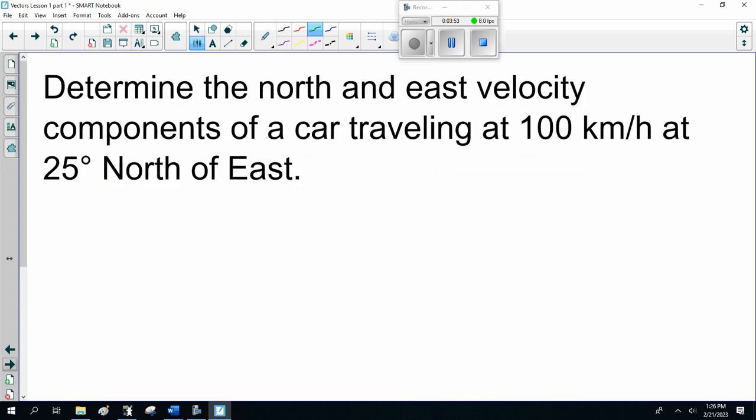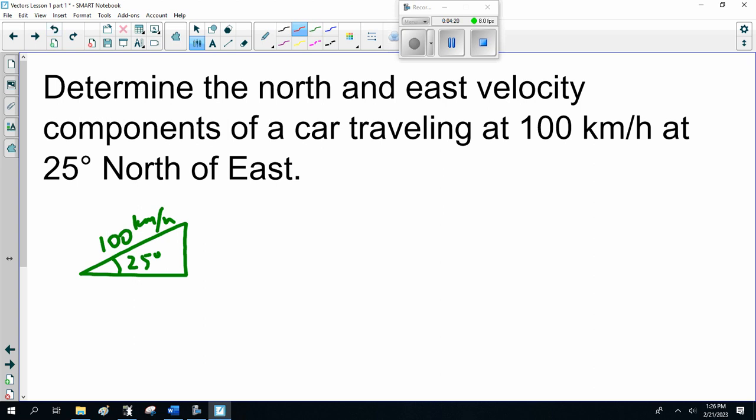Determine the north and east velocity components of a car traveling 100 kilometers an hour, 25 degrees north of east. Okay, so the car's going east and swings north to make an angle of 25 degrees. And this is 100 kilometers an hour.